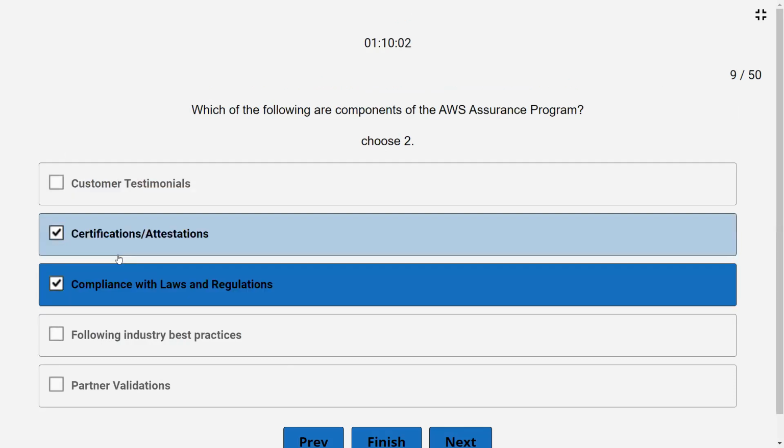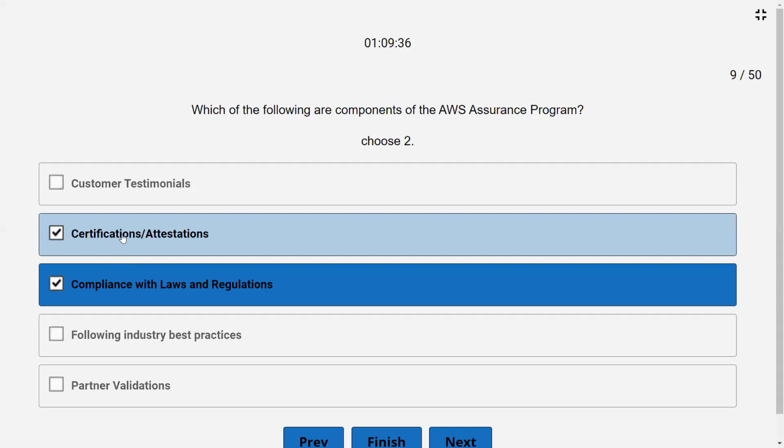Certifications and attestations, and then compliance.